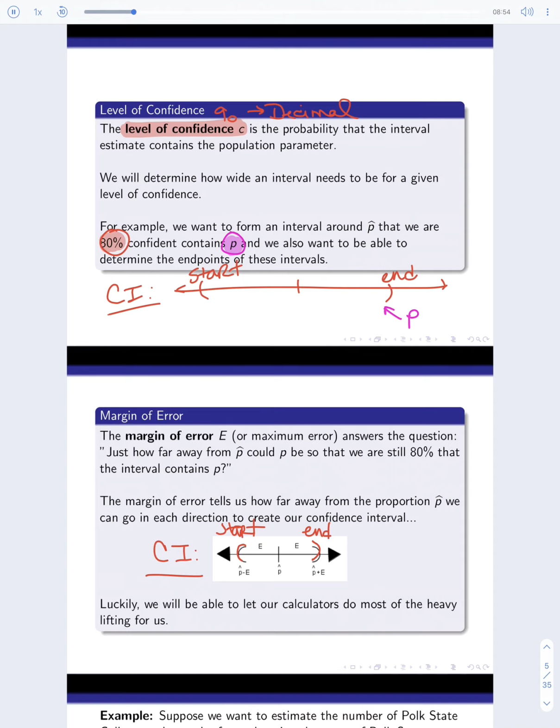In 7.1, we're specifically focusing on proportions, whereas in 7.2 we'll focus on means, and in 7.3 we'll focus on standard deviation. But we're going to be doing the same concept over and over again through chapter 7. It's just in different contexts. How we do each type of problem will be different, but the ideas behind the confidence intervals will always stay the same.